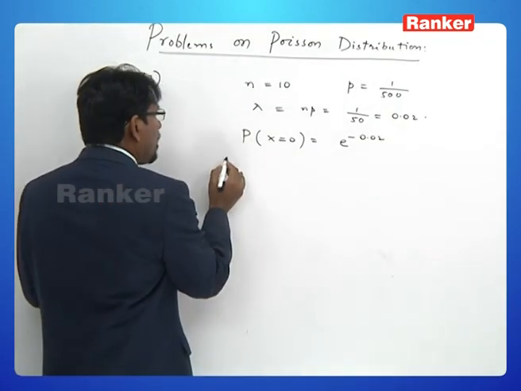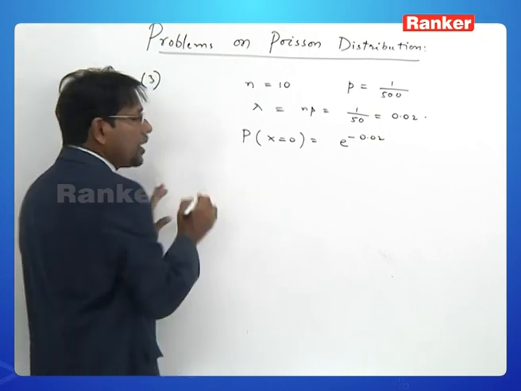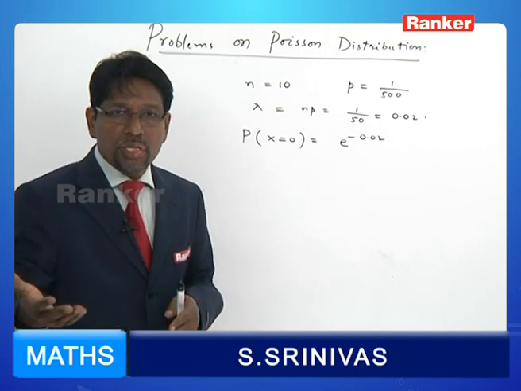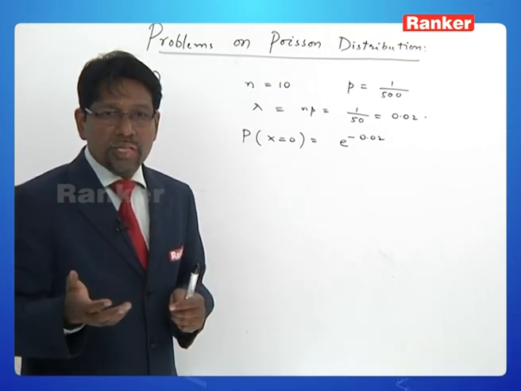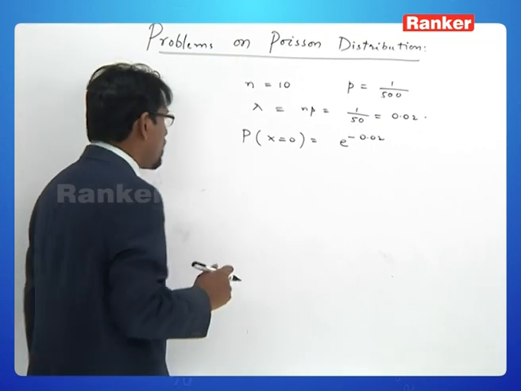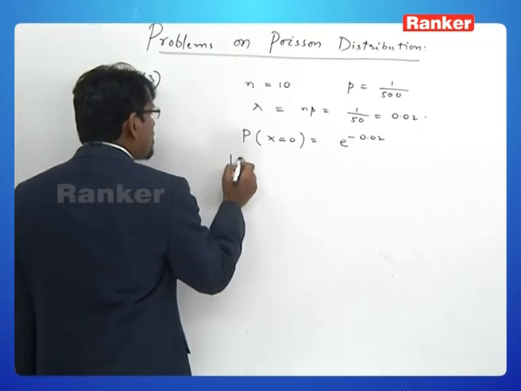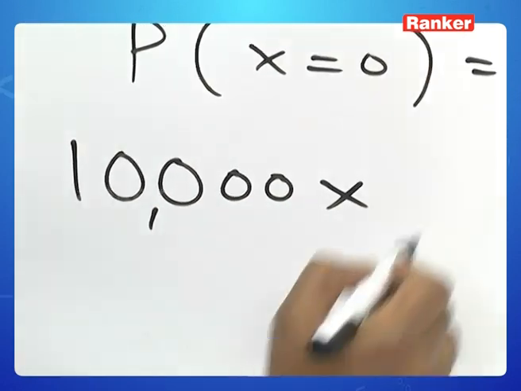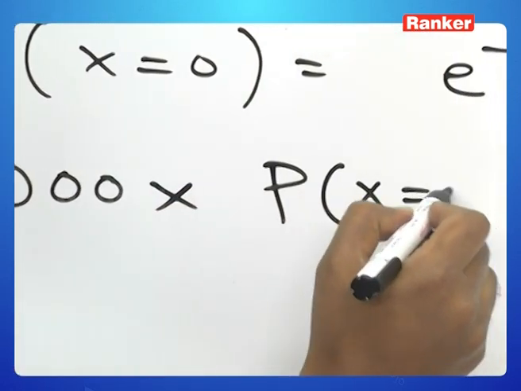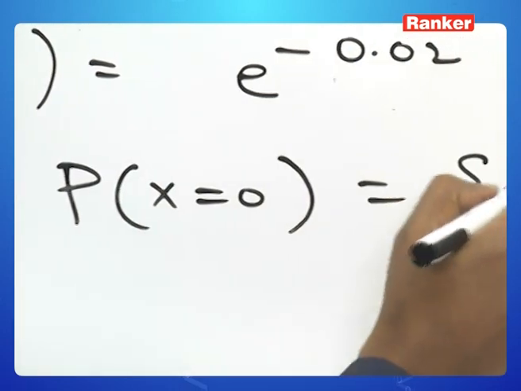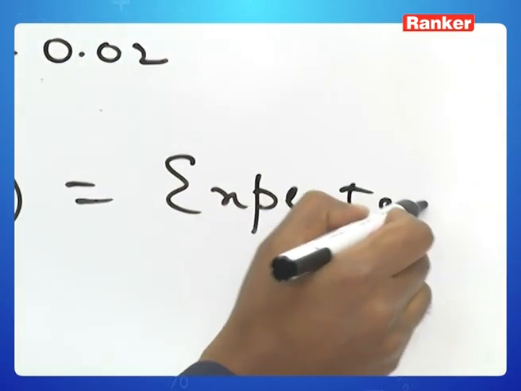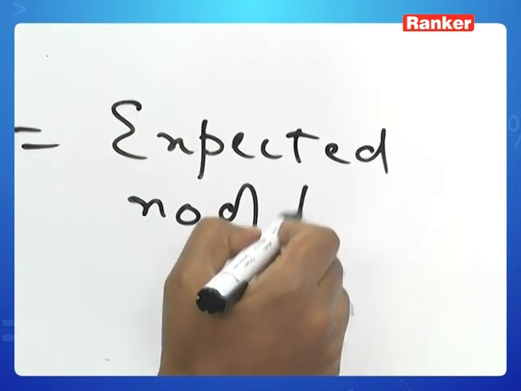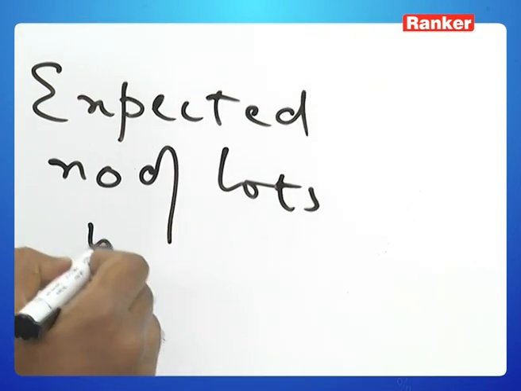Okay, now, this is for one lot. So, in one lot, what is the probability that there is no defective? Now, how many lots are we taking in the consignment? There are 10,000 lots. So, how many can we expect? 10,000 into the probability of x equal to 0 is the expected number of lots with no defective.